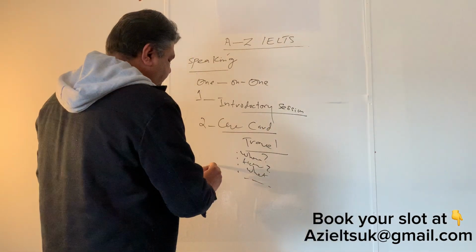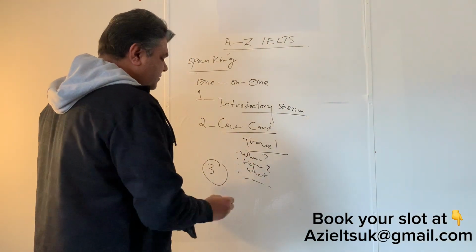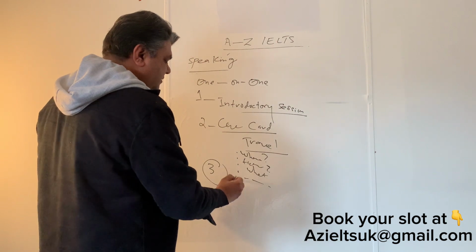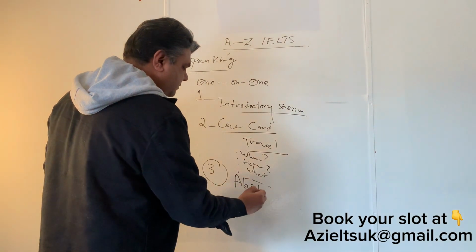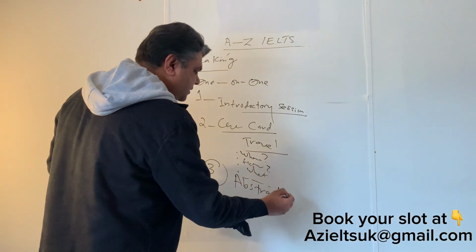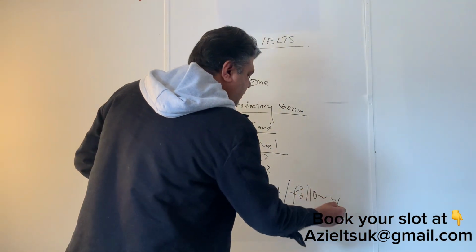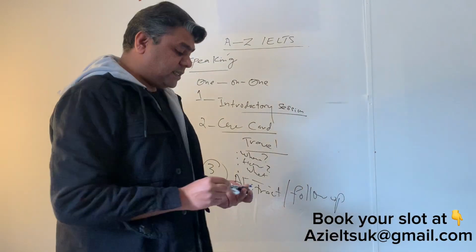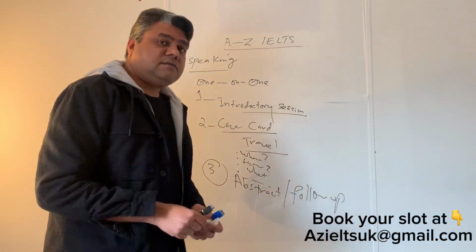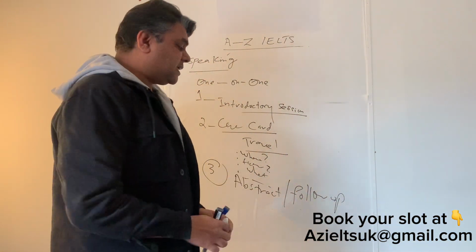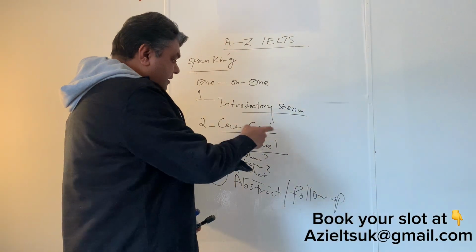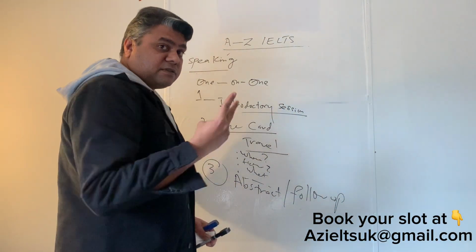So the last one, the third one, is abstract. We call it the abstract or follow-up session. It's thought to be a bit more complex and difficult than the above 2 sessions.